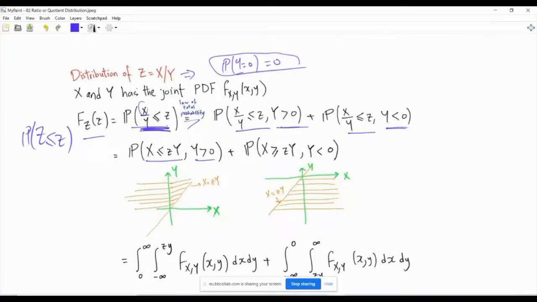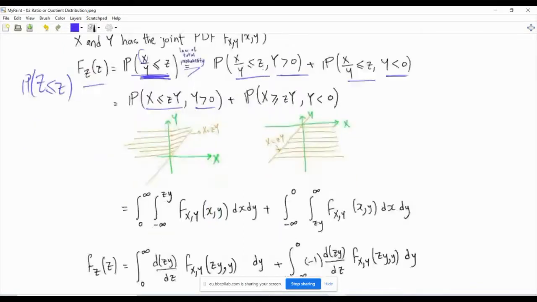For now, our random variables are not allowed to take such values. They are a map from the sample space to the set of real numbers, and plus infinity and minus infinity are not real numbers. So that's the reason the probability of the case of 0 should be 0.